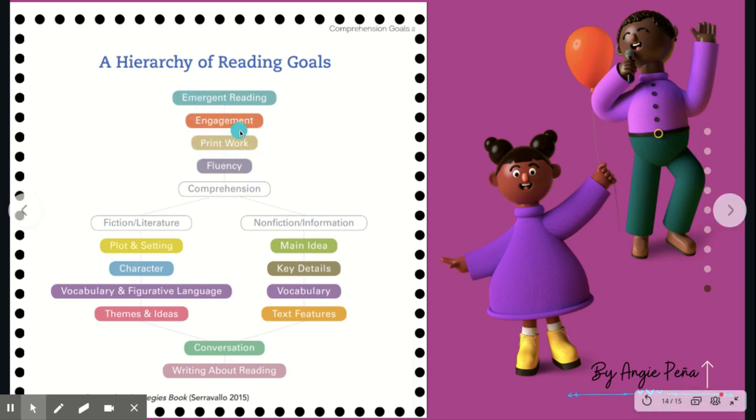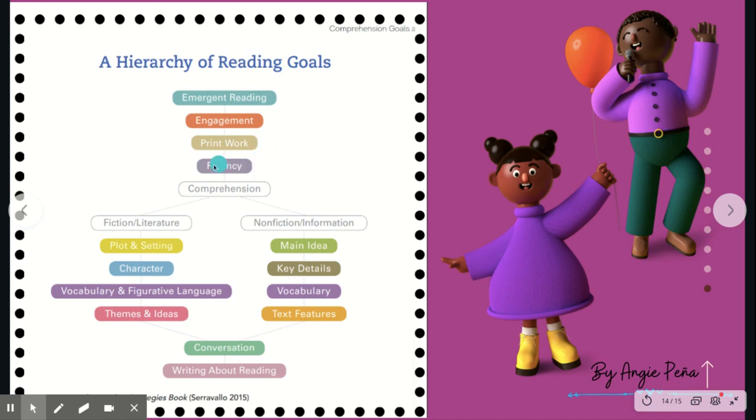So let me show you how this hierarchy works. So it begins from basic skills, and it scaffolds other skills. So we start in emergent reading, then we go to engagement, then we go to print work.